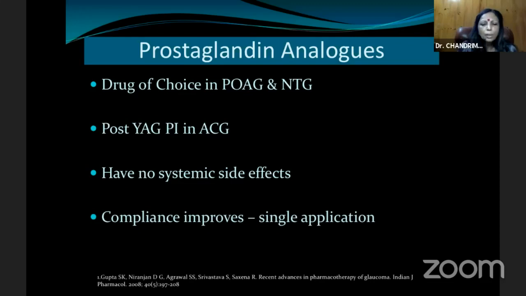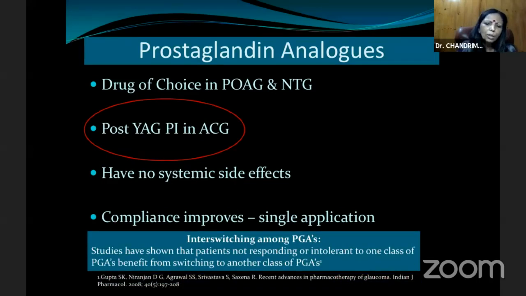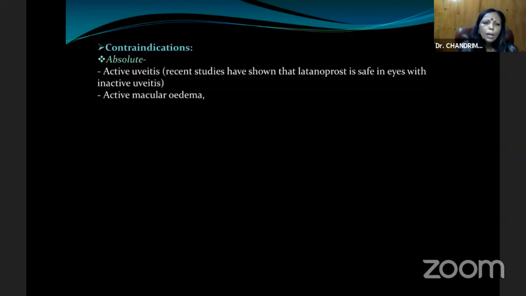And compliance improves because it's a single application. So in this talk, actually, the relevance is post-LPI. You can actually use a prostaglandin analog. And on interswitching among them, studies have shown that patients not responding or intolerant to one class of PGs benefit from switching to another class of PGs.